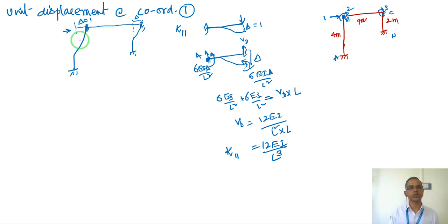So from now onwards you should remember, when a unit displacement is applied at a point, at the same point the shear produced corresponding to the displacement is 12 EI by L cube. Very important. So I will write here K11 is 12 EI by L cube. L is your 4 meter.